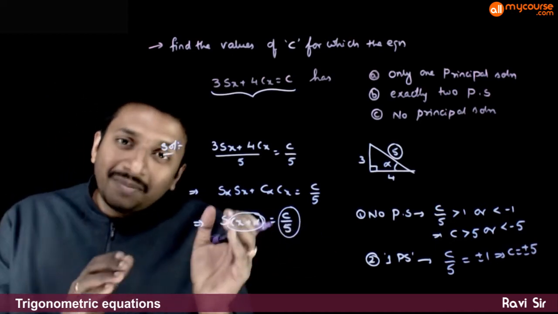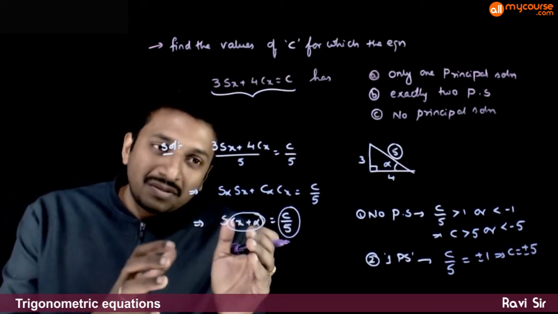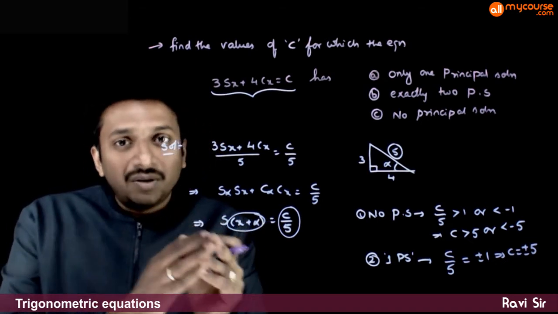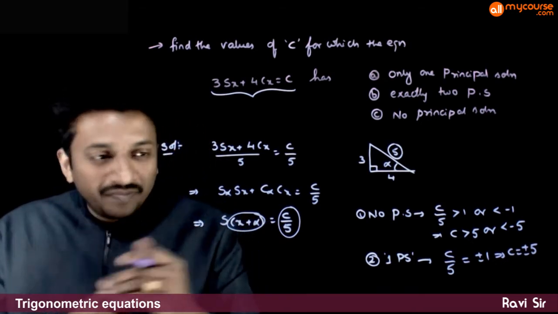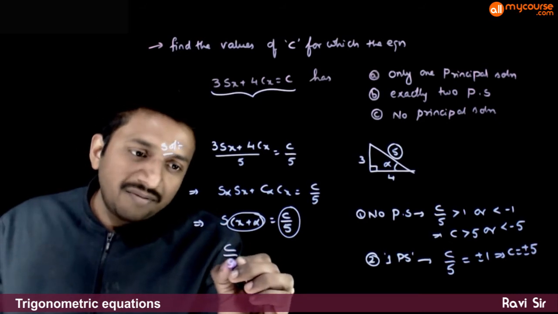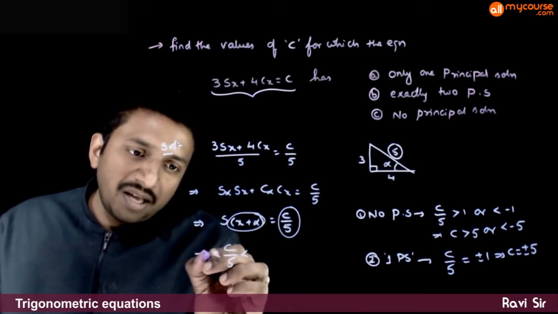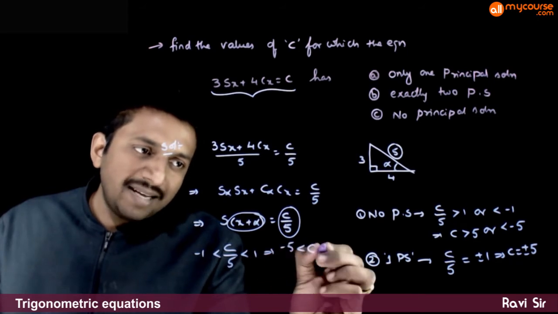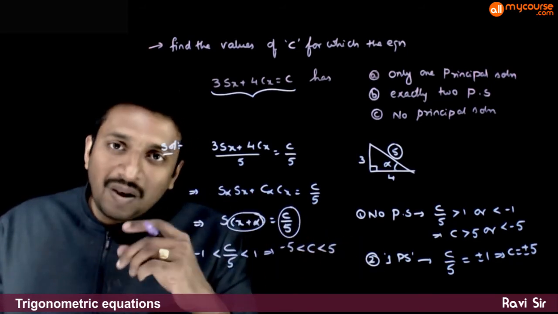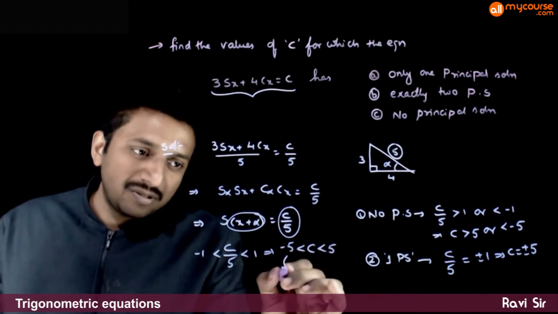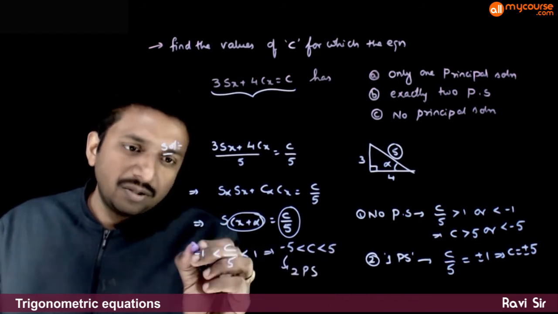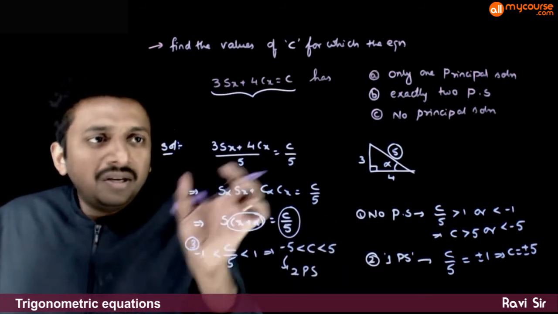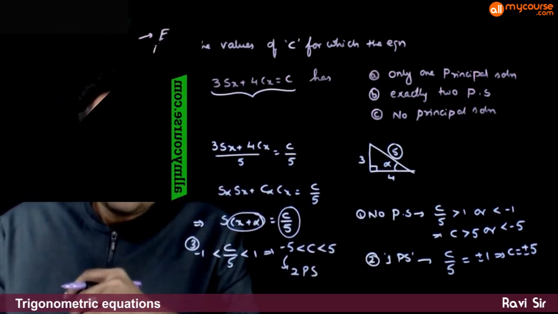And for all the remaining values, the equation sine of something is equal to something has two principal solutions. That means if c by 5 lies between minus 1 and plus 1, that is c lies between minus 5 and plus 5, you'll have two principal solutions. So these are the three cases that you encounter for equations like this.